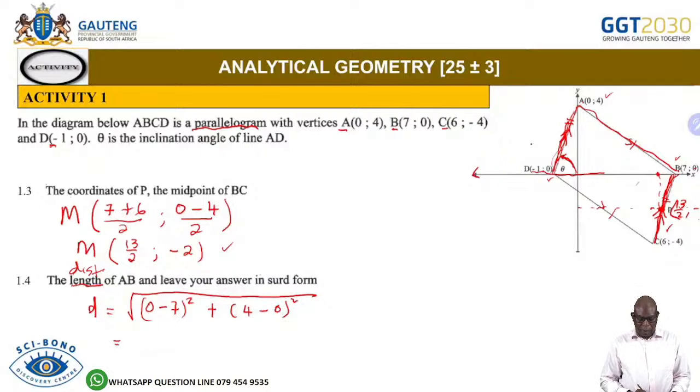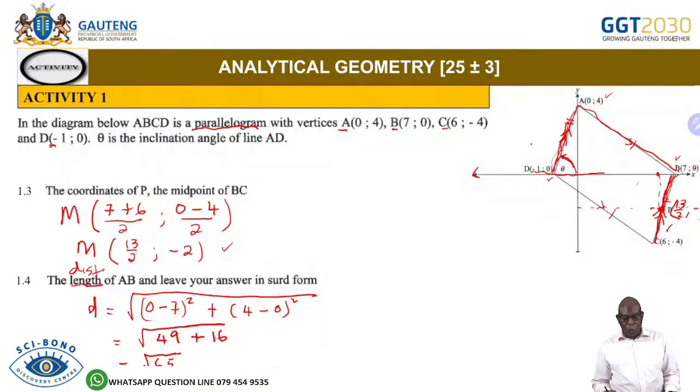So I'm going to have the square root of, so the square of 7 will be 49, and the square of 4 will be 16, and the answer will be the square root of 65. So meaning that the length of this line is square root of 65. Right.